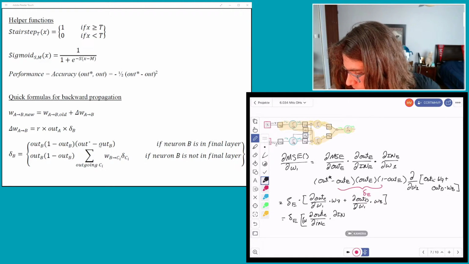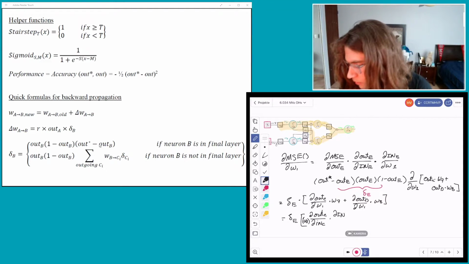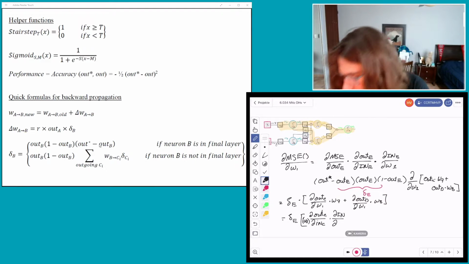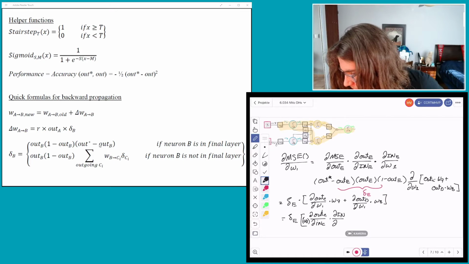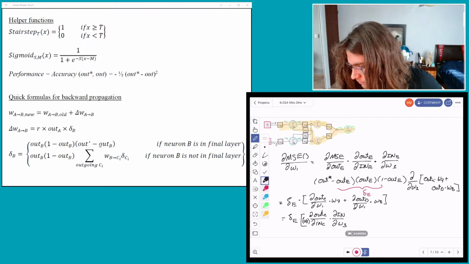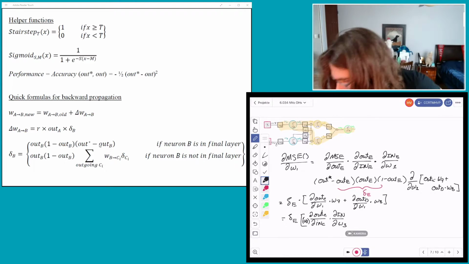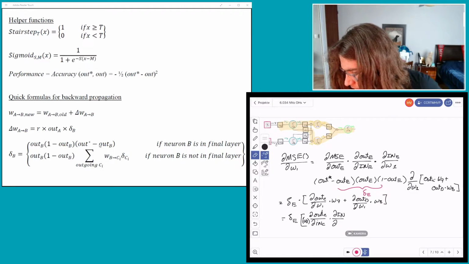So this is going to be w7, then all the partials: in C with respect to w3. Whoops. In C with respect to out A. Apologies. It's in, out, in, out.